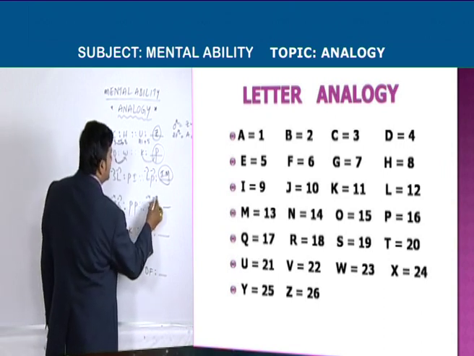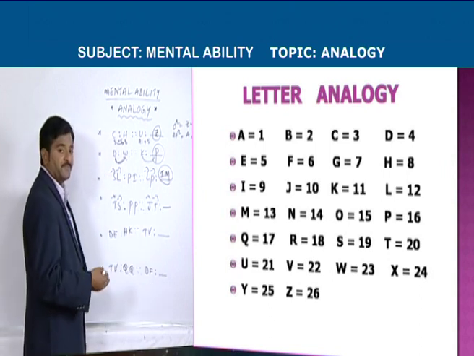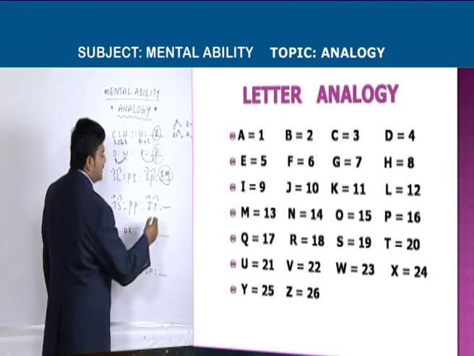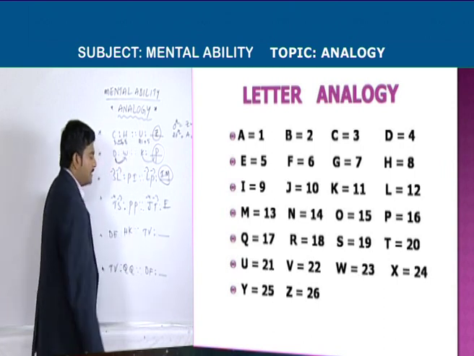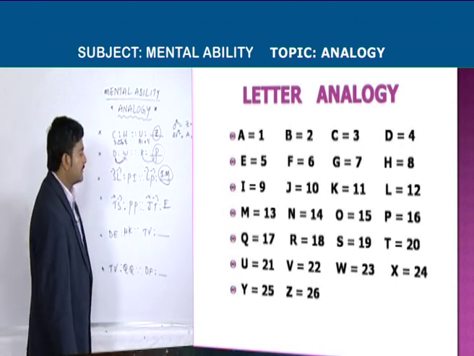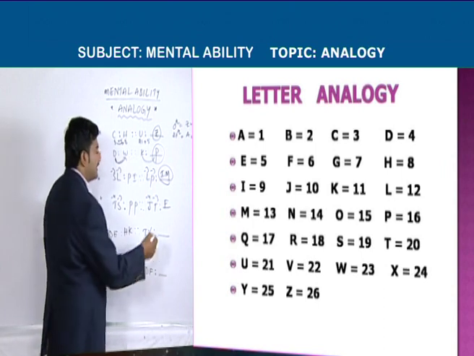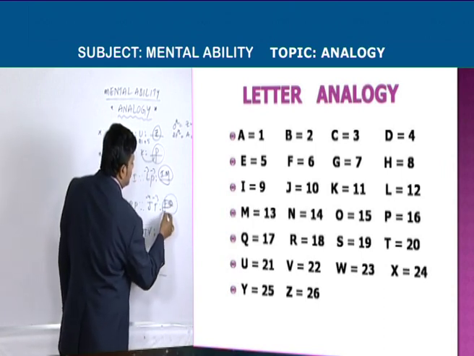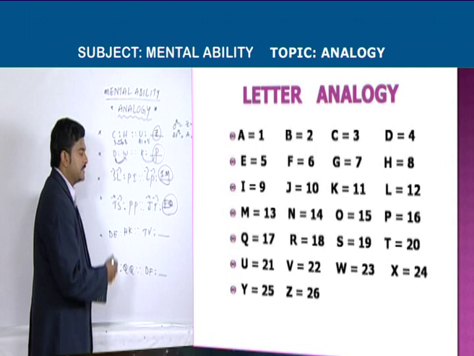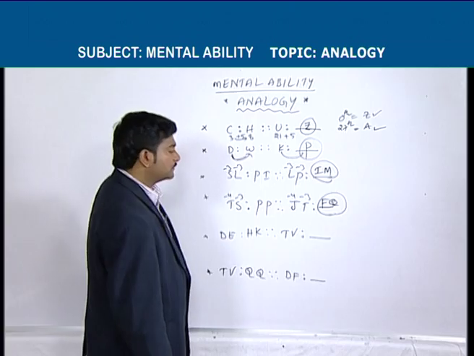Simply apply the same concept here. J means 10, 10 minus 4 is 6, and the 6th letter is F. T means 20, 20 minus 3 is 17, and the 17th letter is Q. Hence the answer for this question is FQ.